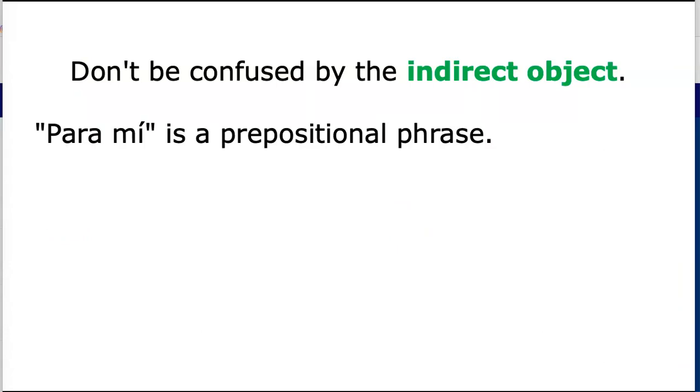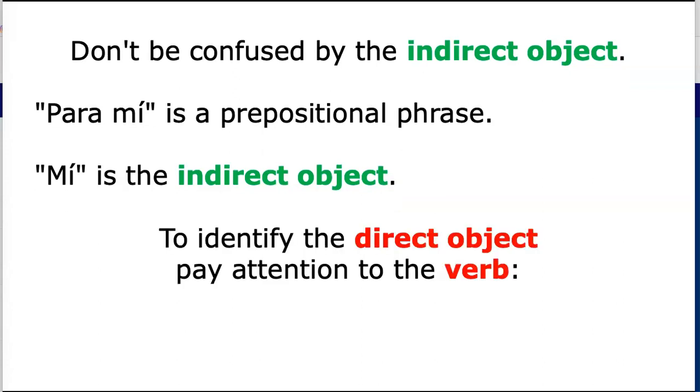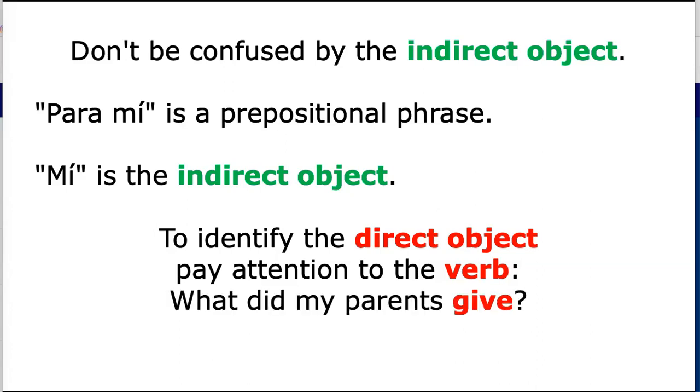A mí is a prepositional phrase. Me is the indirect object which we're going to study next mod. To identify the direct object, you have to pay attention to the verb. What did my parents give? Money. Mis padres dan dinero.